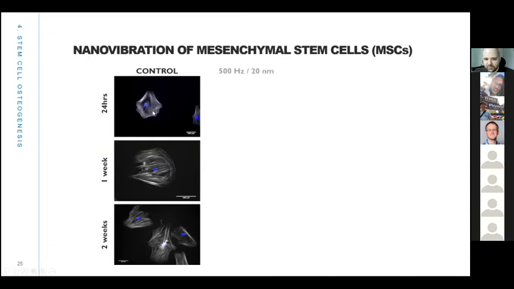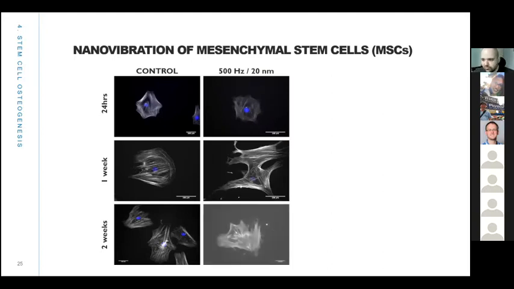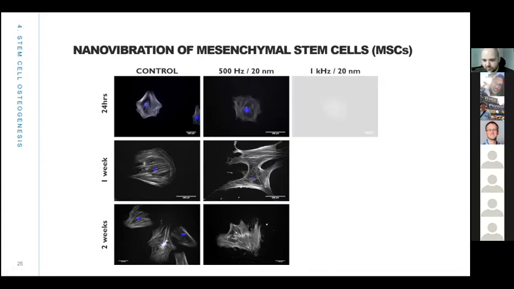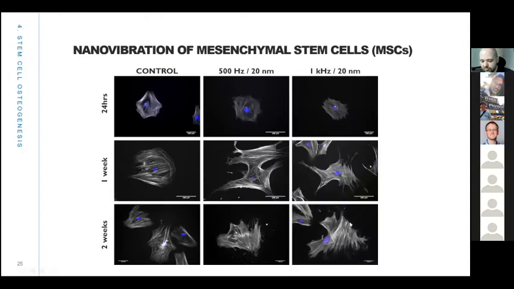However, when we vibrate at 500 hertz, we start to see significant changes in the shape of the cell. We see this significant spreading, and at higher frequencies, we see a more cuboidal morphology for the cells. And just looking at the microscopy, this does look more like a bone cell than a stem cell.